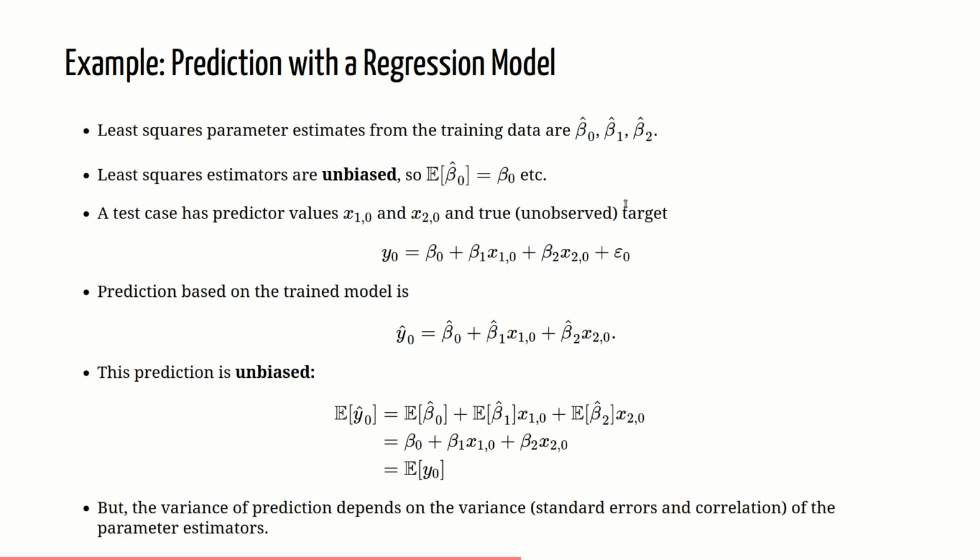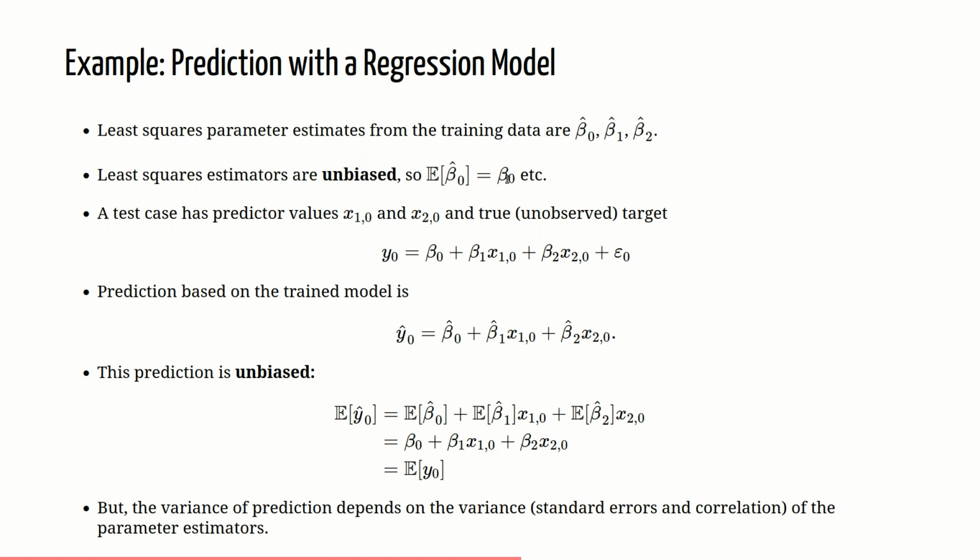So we're going to fit a regression model to this equation. And it turns out that when we do so, the least squares estimators that we compute, so the estimates that we get for beta 0, beta 1, and beta 2, are unbiased. That means that the expected value of beta 0 hat is exactly the truth.